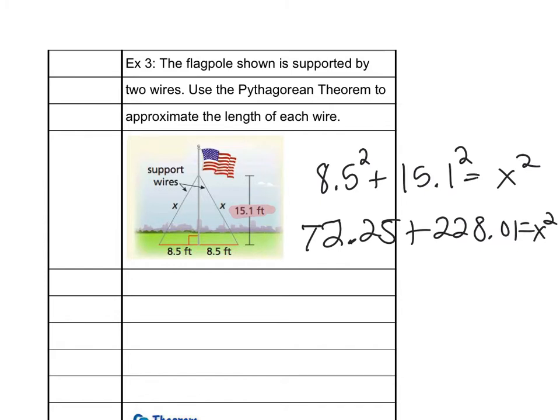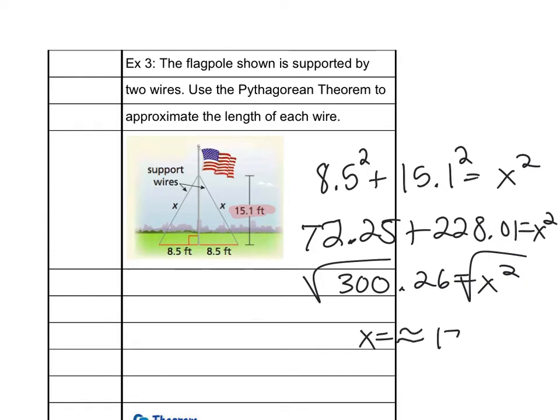So if I add those together, I get 300.26. And then if I take the square root of both sides, I end up with x equals approximately 17.33. So obviously, this is not a Pythagorean triple because there aren't whole numbers involved here.